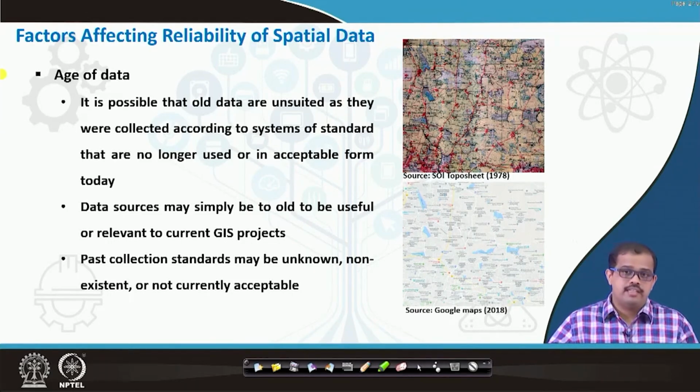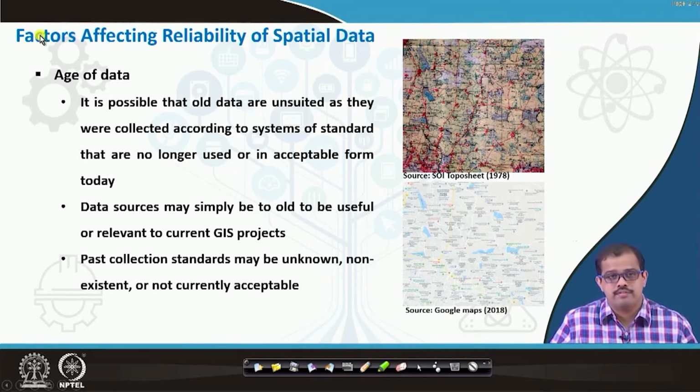For example, in the 90s we had satellite data at a resolution of 72 meters and 36 meters, but today we have data at 1 meter resolution, at a centimeter level resolution. So if you are comparing a centimeter data with data which is 72 meters or even 1 kilometer data, then that is where the first reliability goes as far as your data measurement is concerned.